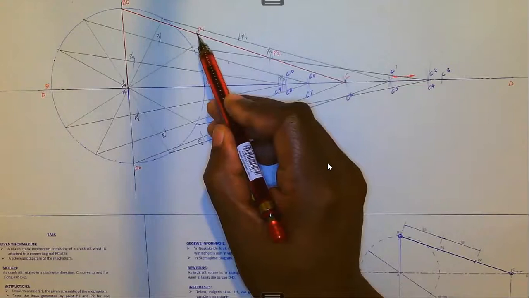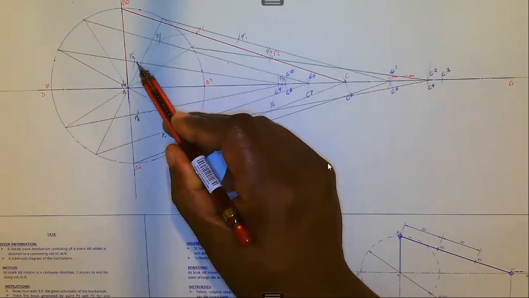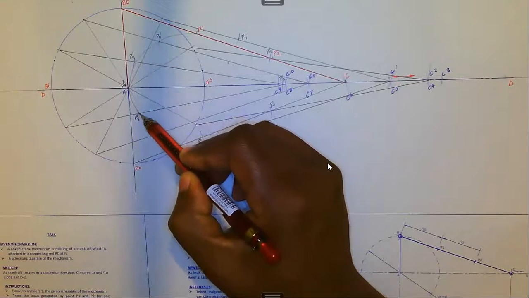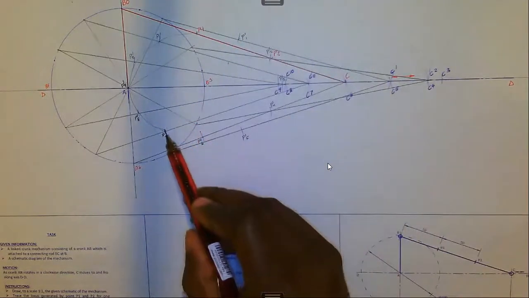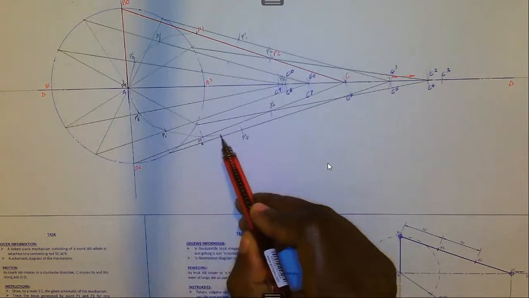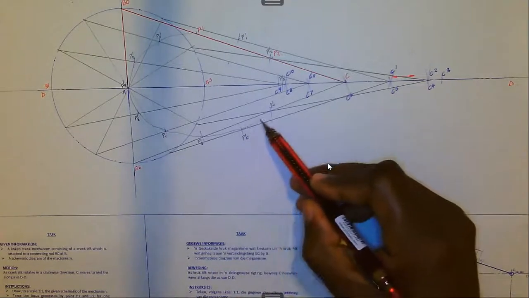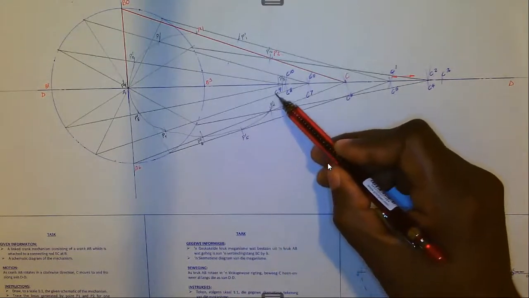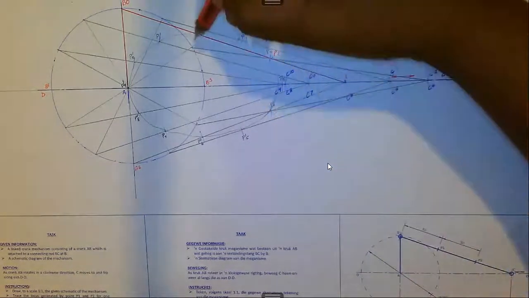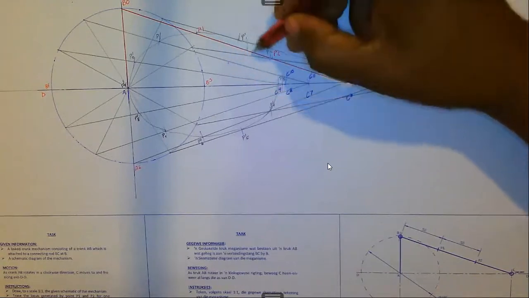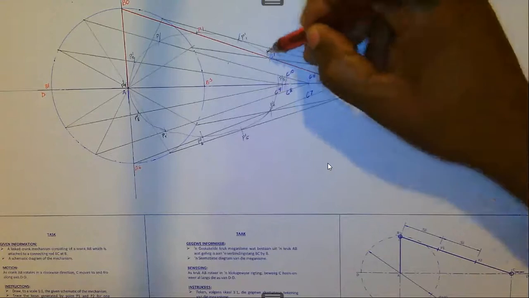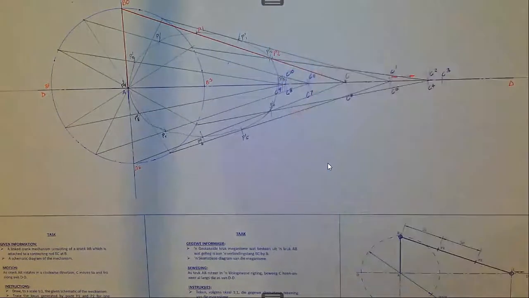You connect these points faintly. Like that. So that is the path which is followed by point P.